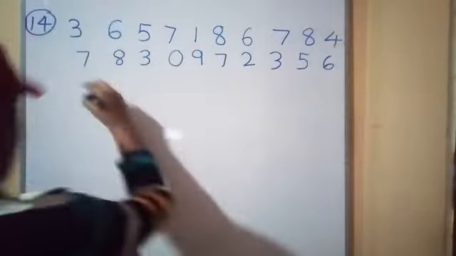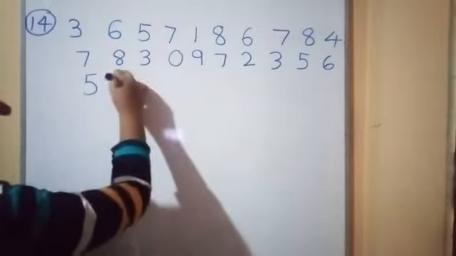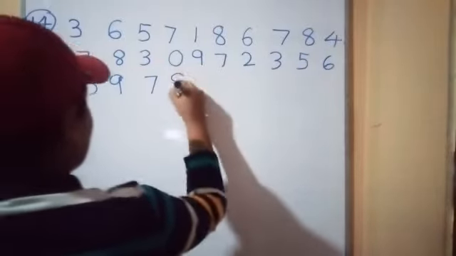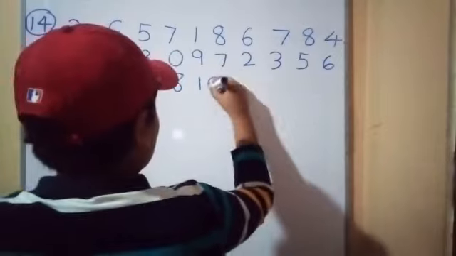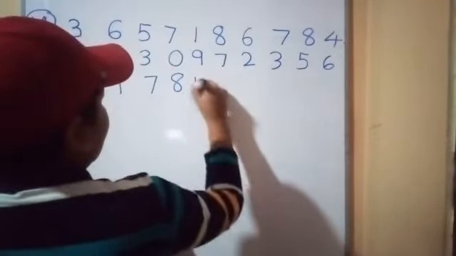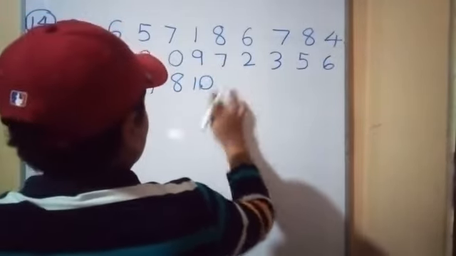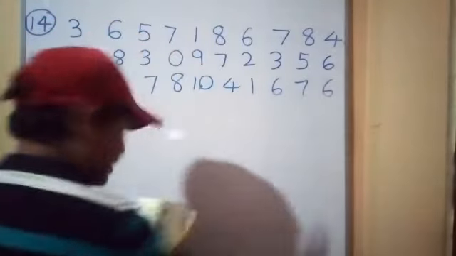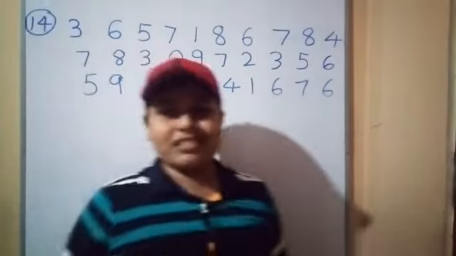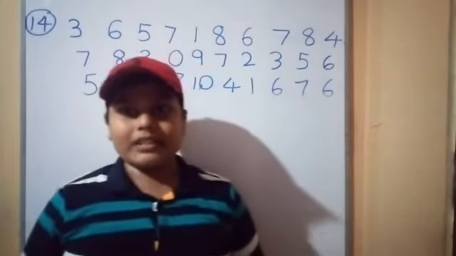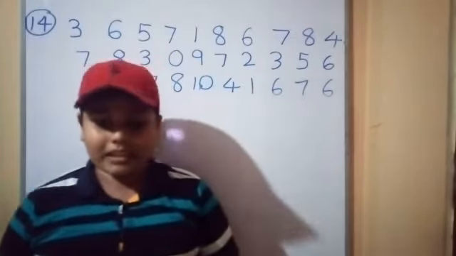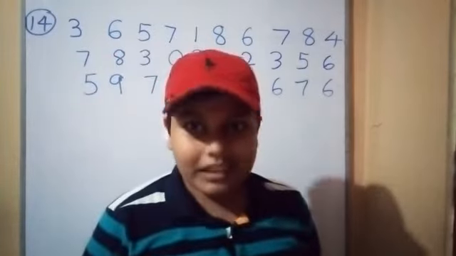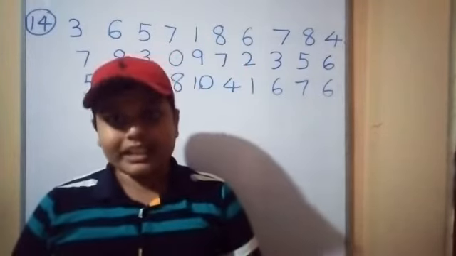Yes. And the next one 5, 9, 7, 8, 10, 10. Yes. 4, 1, 6, 7, 6. These are the 30 marks that the 30 students got, out of 10.